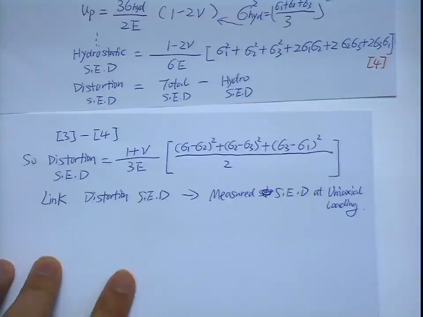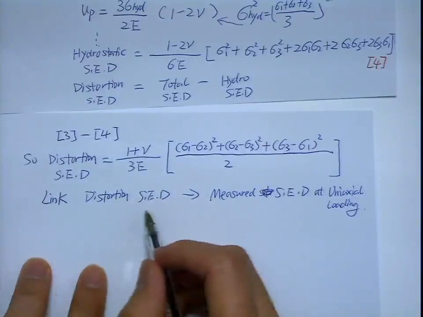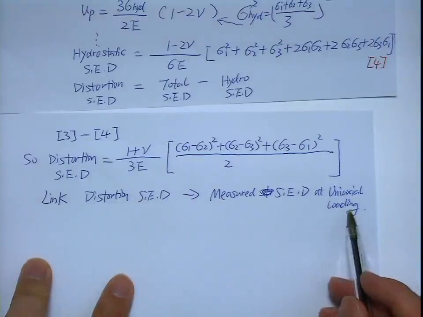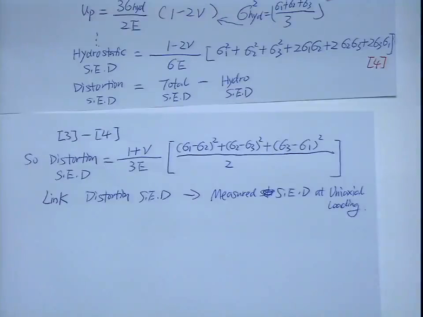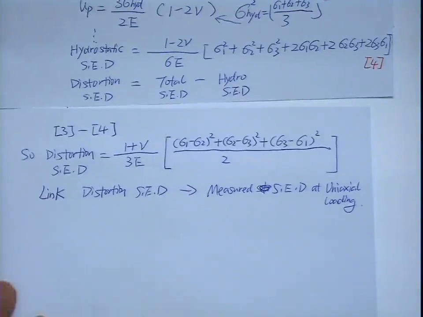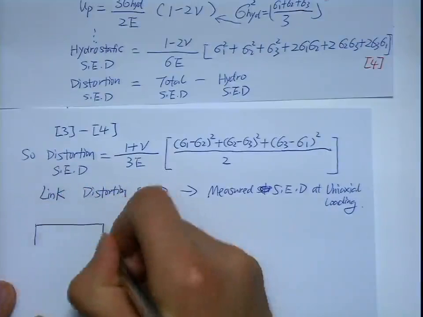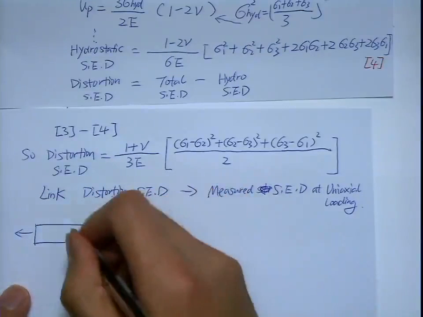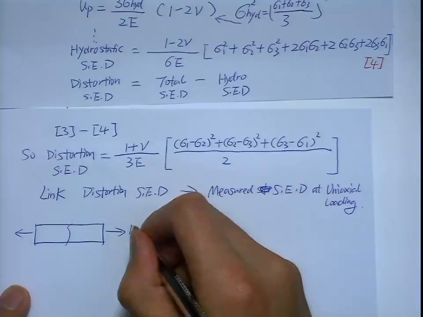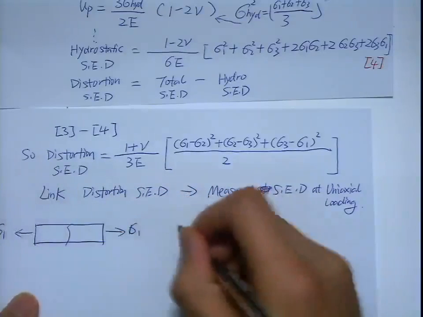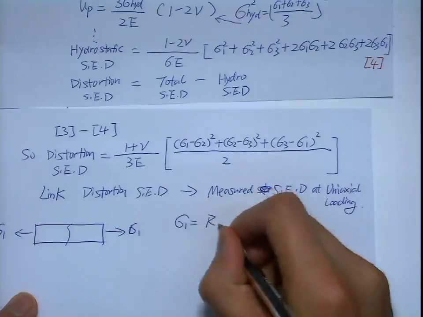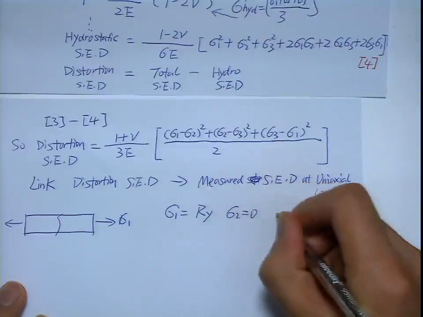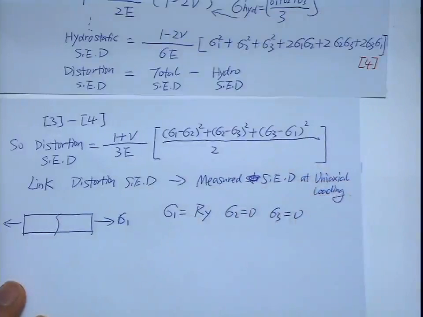Okay? So you have a kind of arbitrary stress state, but you have another state you measured from your experiment. So the condition for that uniaxial test, again, sigma 1 is equal to the Rp, the yield strength, and sigma 2 is 0, sigma 3 equal to 0.